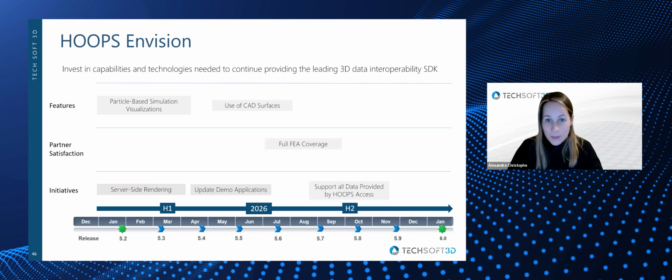So it's going to be a part of the bridge with the CAD. And we will update our demo application as well. So far it was a little bit old, so we want to update it, and to ensure it will now be updated every time we have a new release to give you access to the new features. And the support of all data provided by OOPS Access will be a part of the uniformization of our products. And yeah, that's it for me.